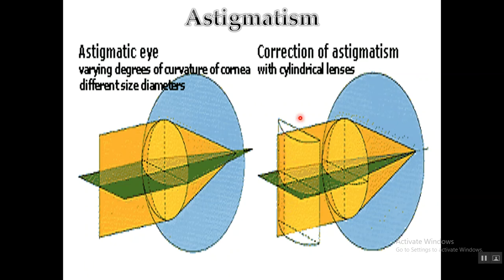The axis of the cylindrical lens is perpendicular to the plane. This is a plane, and this is the axis of the cylinder. To correct this plane, to bring the focus to fall with the other focus on the retina. So for correction of astigmatism, don't forget, you need what?